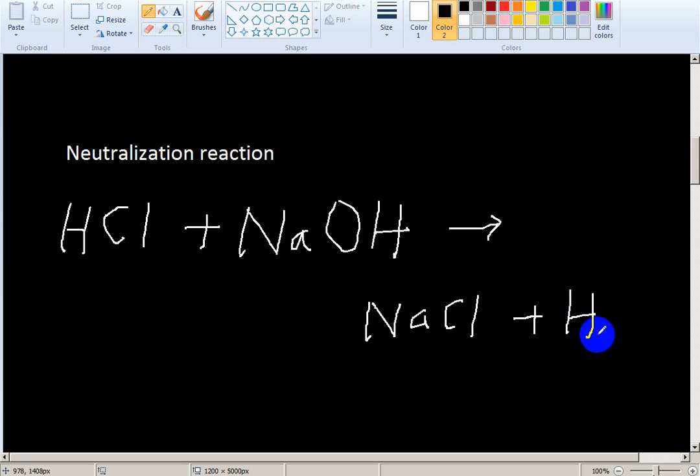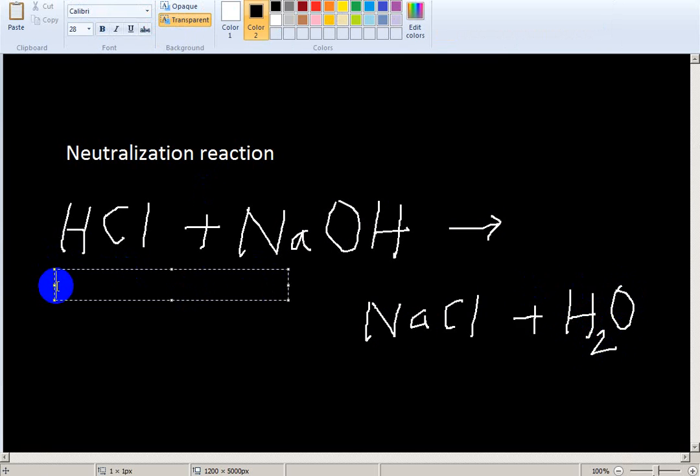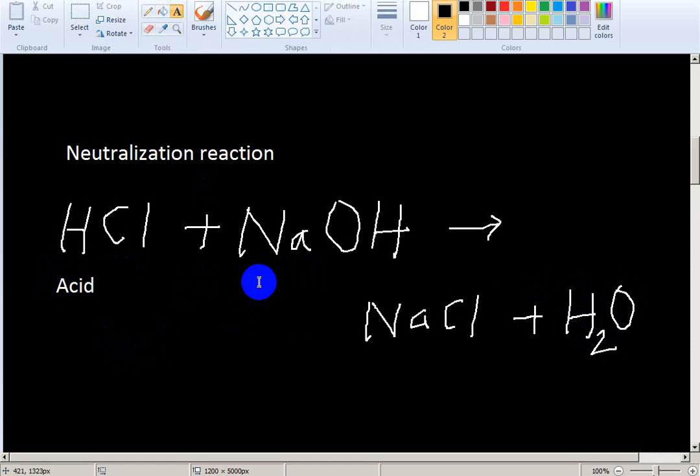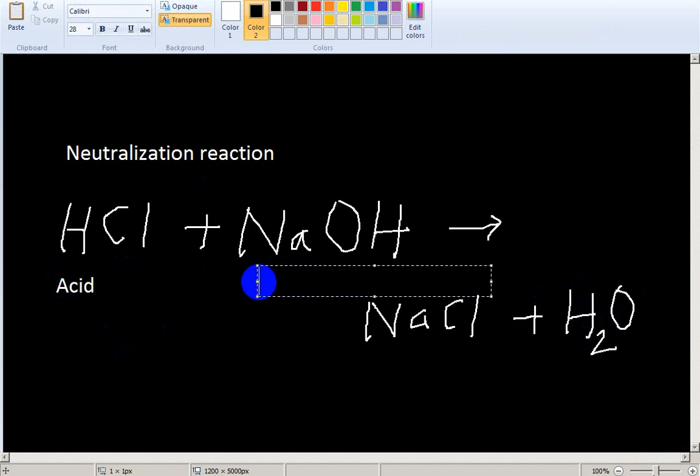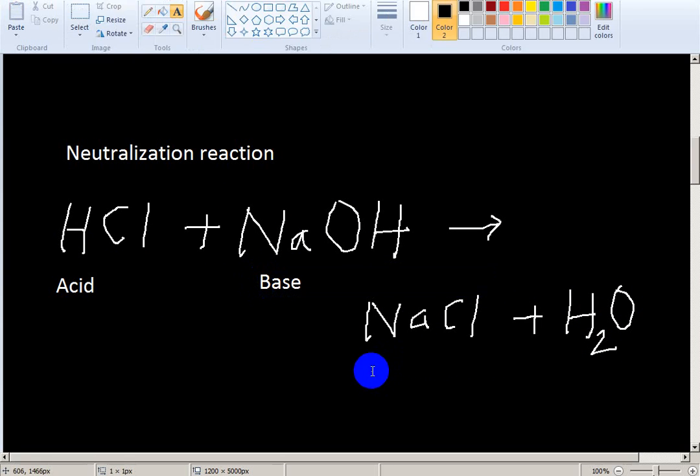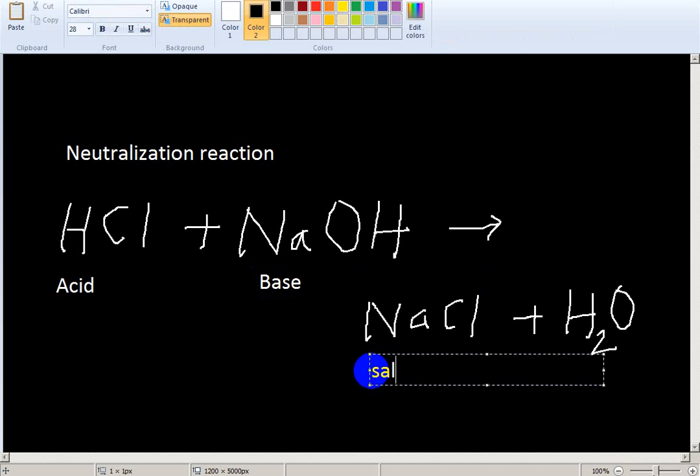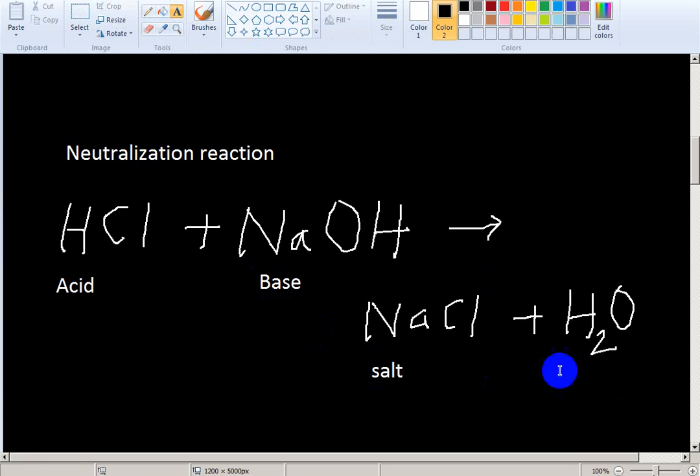In a neutralization reaction, the reactants are acid and alkali. This is the acid, and this is the alkali base, and the product is salt. This is the water. So in a neutralization reaction, energy is released to the surrounding.